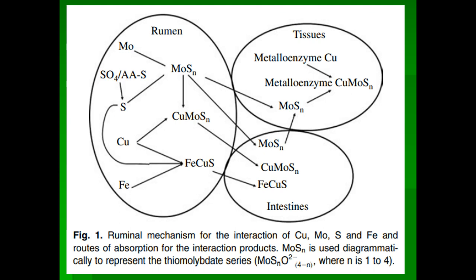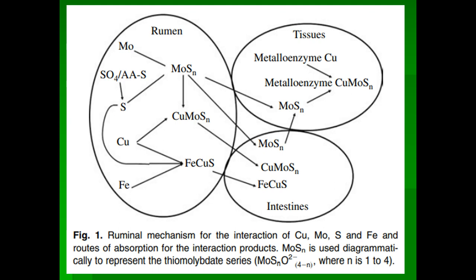Now, another interaction is with iron. The copper, the iron, and the sulfur all bind together in a complex and prevent the absorption of all of them, and they get excreted with the feces. And it has been shown that both iron and sulfur supplementation reduces copper in both plasma and liver.